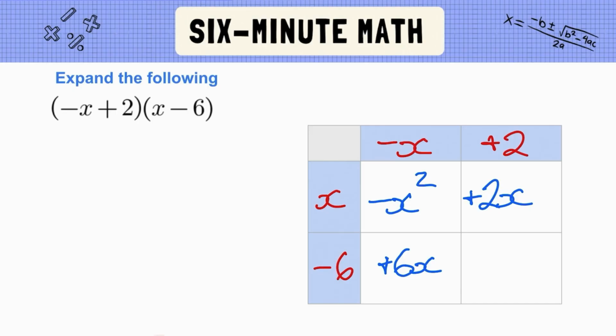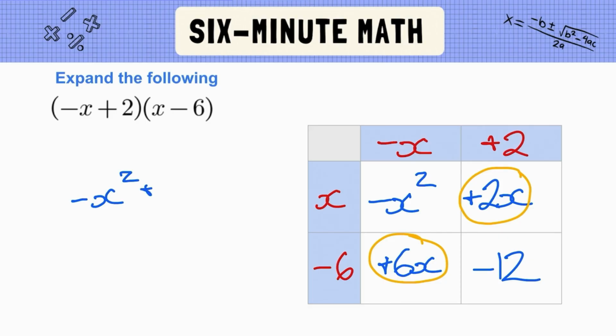And negative 6 times positive 2 is negative 12. At this point, I'm going to collect my like terms, which will give me a final answer of negative x squared plus 8x minus 12.